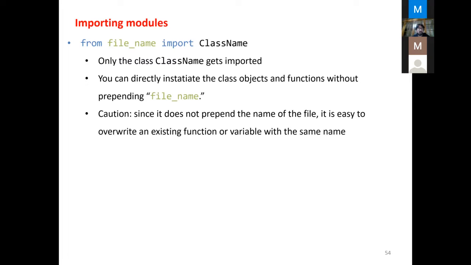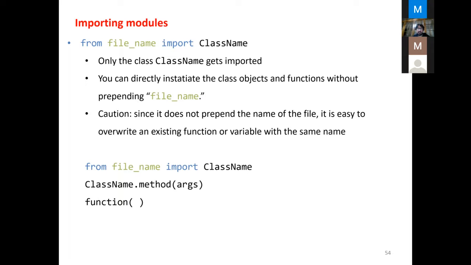And again, the same warning as before, it can overwrite. If you had a class named the same, it will overwrite it. Here you only import the class name, and this is a bit safer, because generally when we import a certain class, it's because we don't want to write it again in the new file.